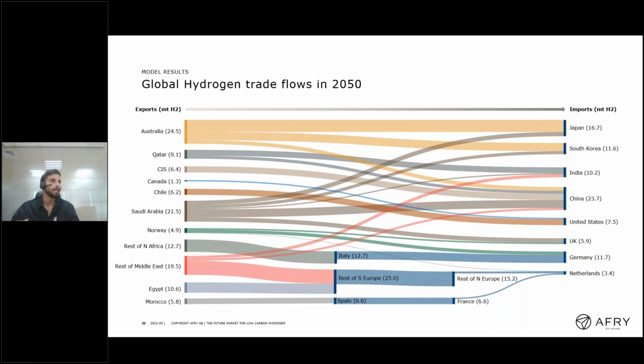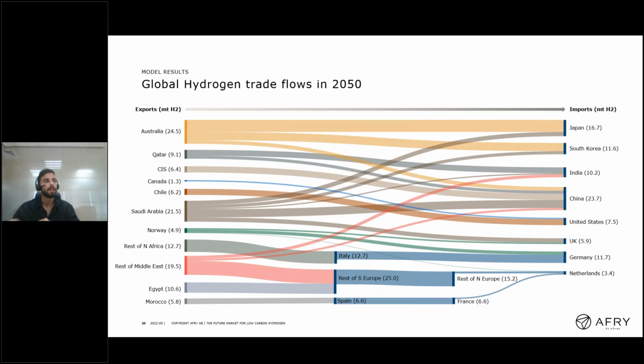What we can immediately see from these results is that the main exporters are going to be Australia, countries in the Middle East, and North Africa, in addition to other regions and countries that will also be contributing, but in smaller amounts, to the global export market, like Norway, Chile, Canada, CIS.